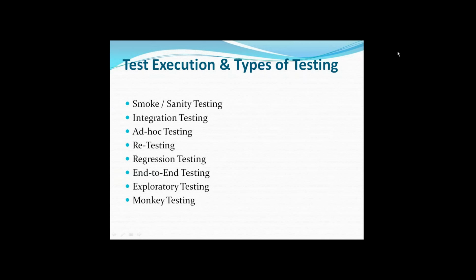What are the other types? Here testing is actually divided into functional testing and non-functional testing. In that we have lots of types. In functional testing, some testing types are there. In non-functional, some testing types are there.